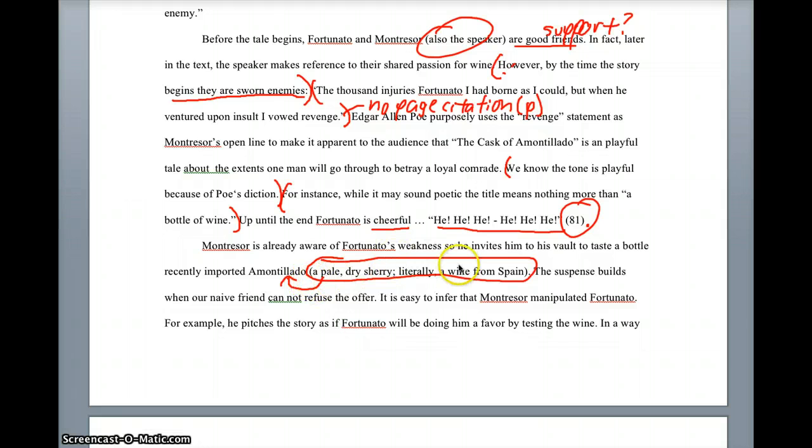We don't need that. That really serves no purpose. The suspense builds when our naive friend, that should be one word, can refuse the offer. I'm looking for pieces about detail. I just cannot find it. Okay, let's keep going to the next page.